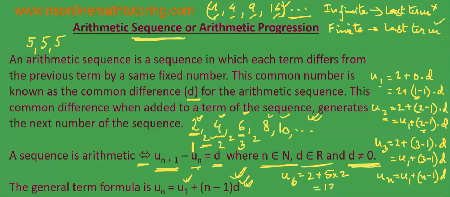So the sixth term should be equal to 12, and of course the sixth term should be equal to 12. If you add 2 to 10, you will be getting 12. That is what is given by this formula. Okay, so now let us start answering the questions related to arithmetic sequences.